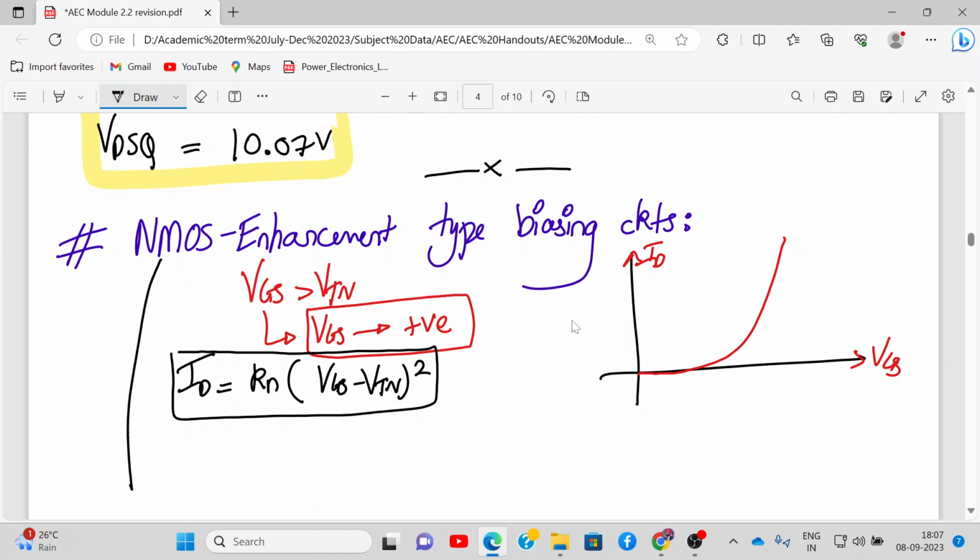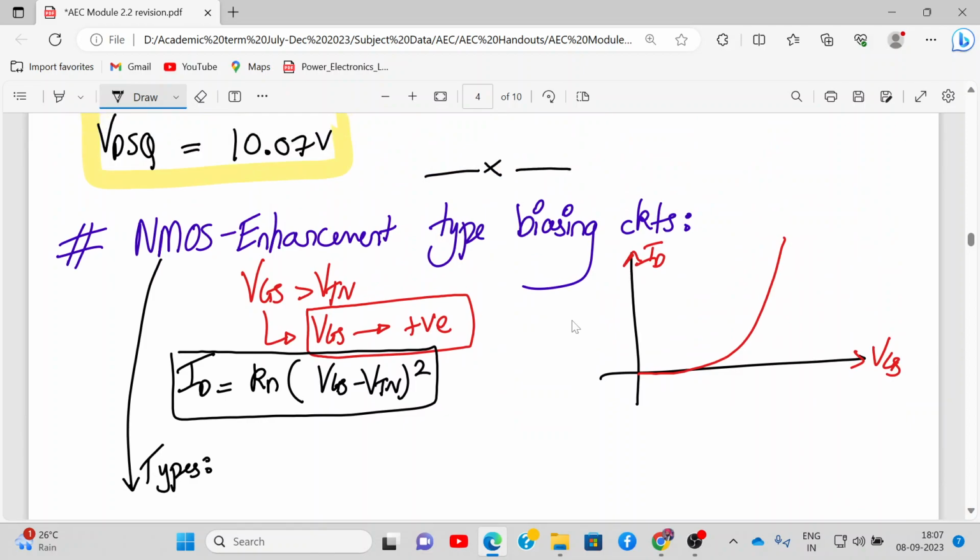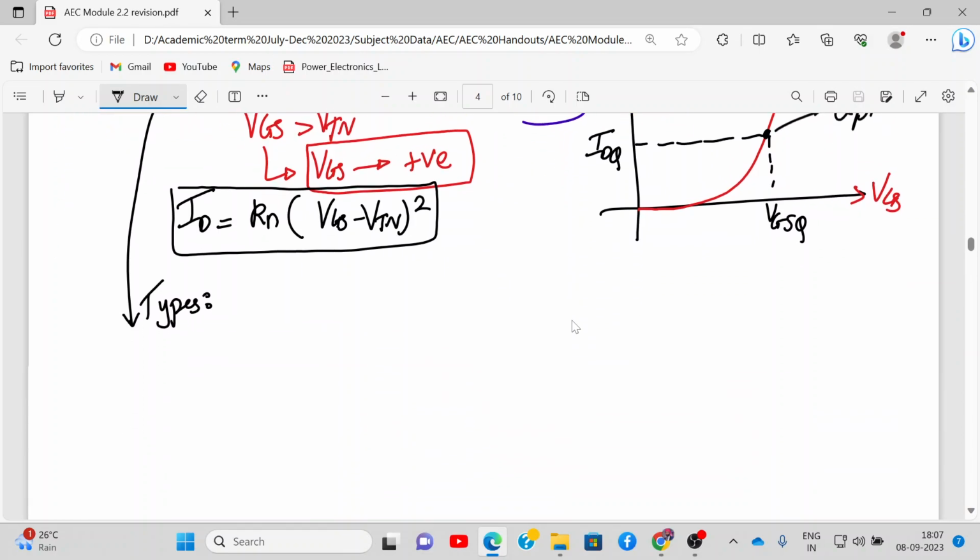So once we get the value of VGS, we can calculate the value of ID using this formula. And what are the types of biasing techniques? Again, we fix the Q point over here and calculate VGSQ, and here we calculate IDQ like this. This is my Q point. What are the types of biasing?